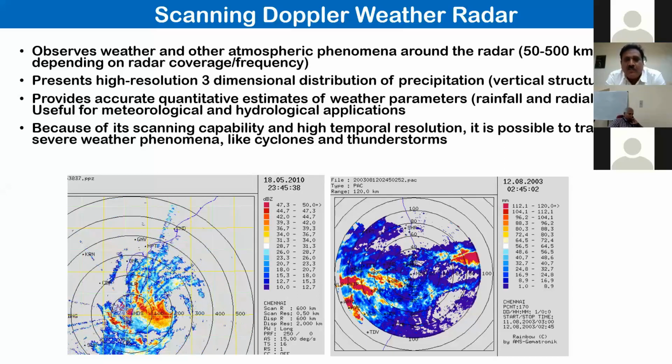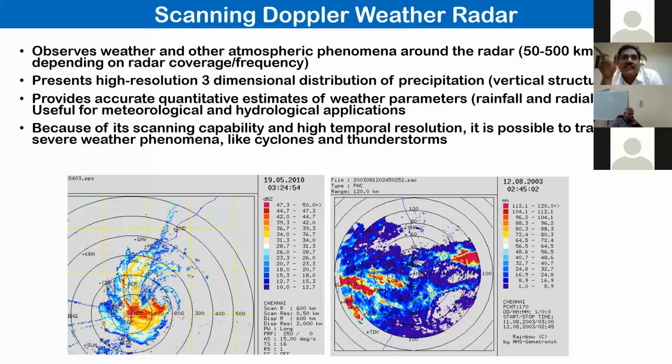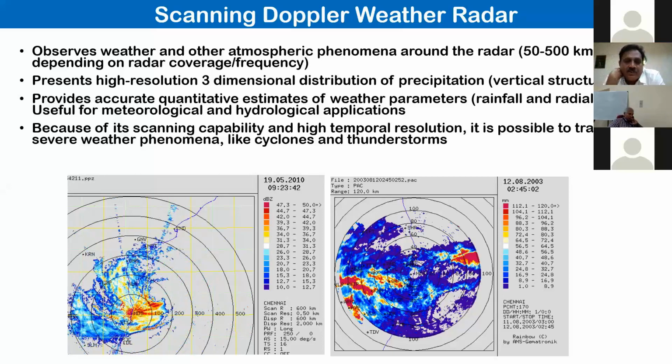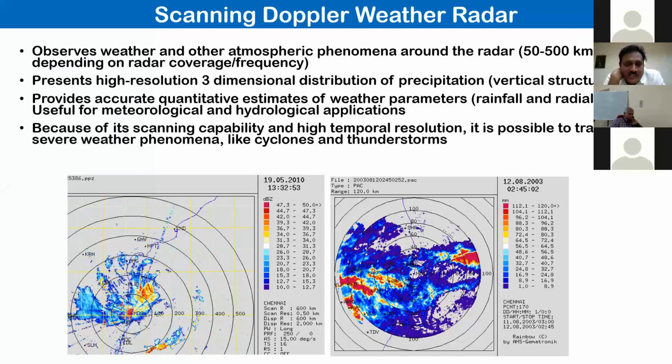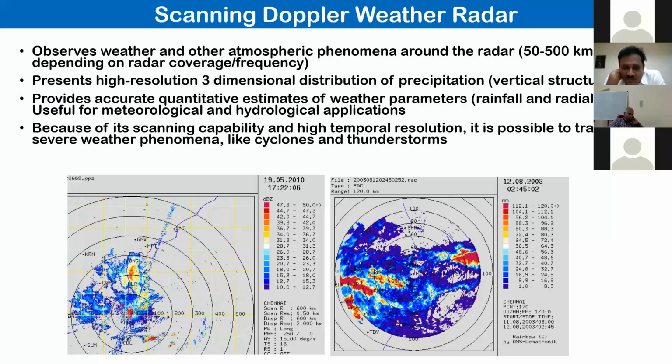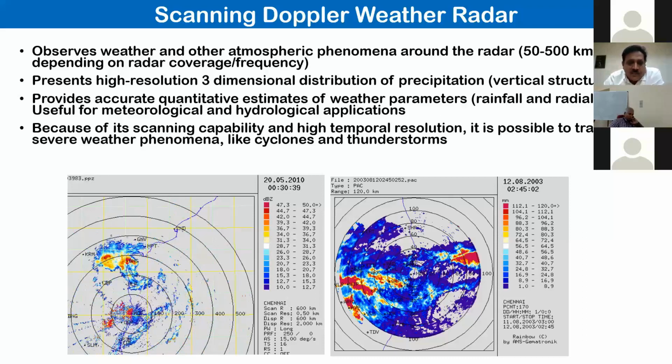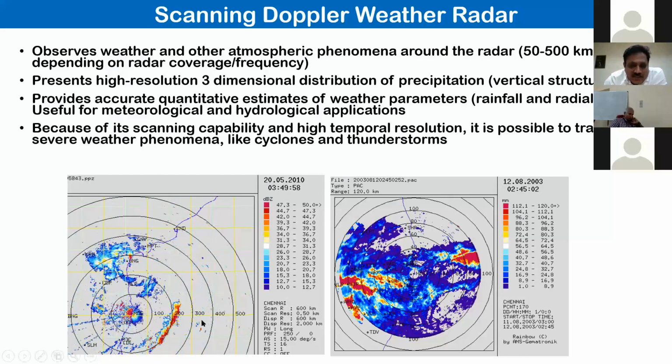It can make a complete 360-degree scan, and provides the weather information around the radar site. So you can see here at the bottom, I have taken it from the Chennai IMD radar. It clearly can see a cyclone which comes very close to the radar and then moves in this direction.